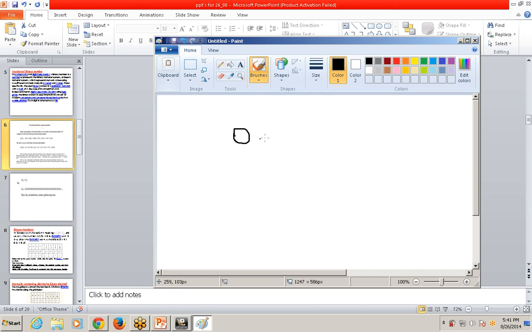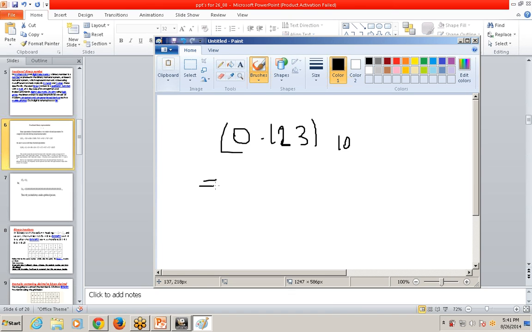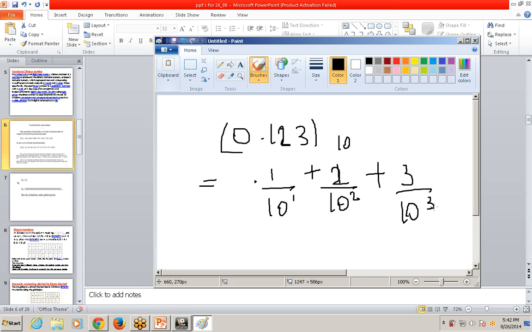Suppose I have to represent 0.123. This is in decimal form. I have to represent this number, right? So first of all, the digits after the dot: this is 1 by 10 power 1, plus 2 by 10 power 2, plus 3 by 10 power 3.